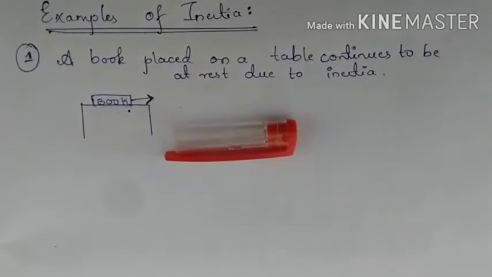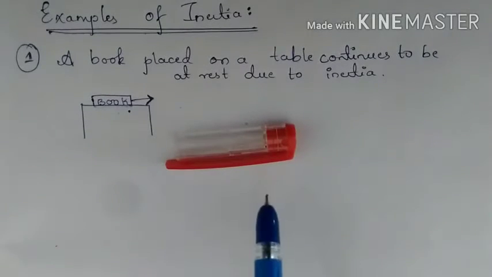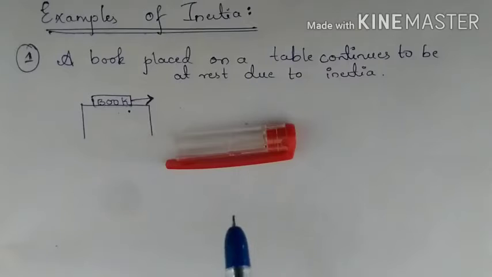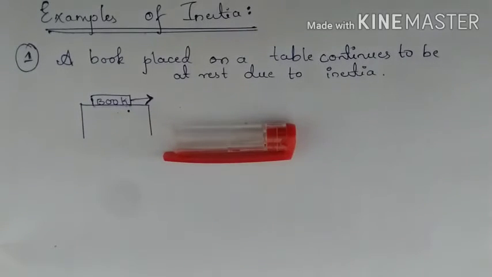If there is no force which acts on this cap, then this cap remains at rest. So this is the property of inertia. A cap placed on a book continues to be at rest due to inertia.